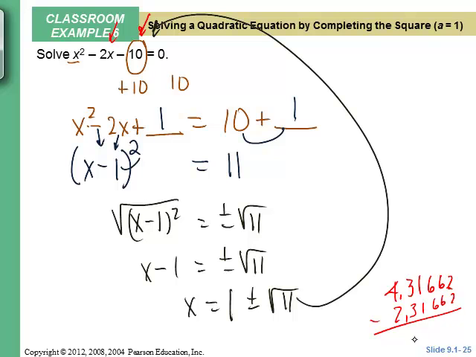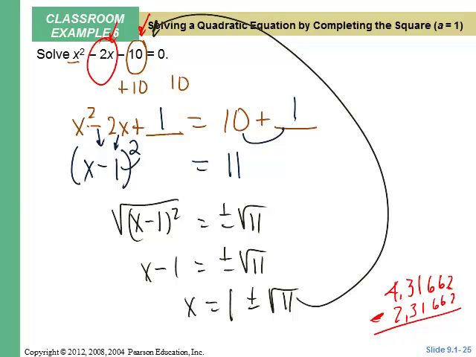If you notice, when you subtract those two, you get negative 2. And if you multiply them times 4.31662, you get 9.9999988, and so on, which is pretty close to negative 10.